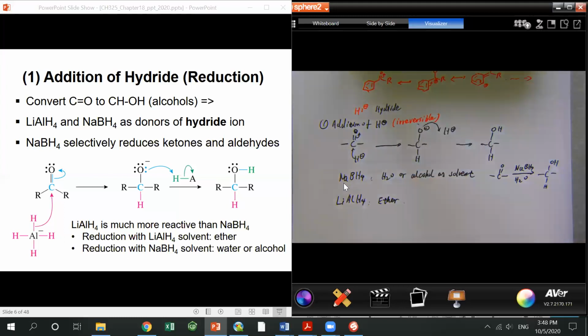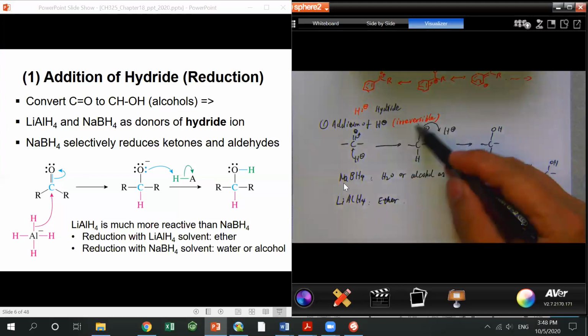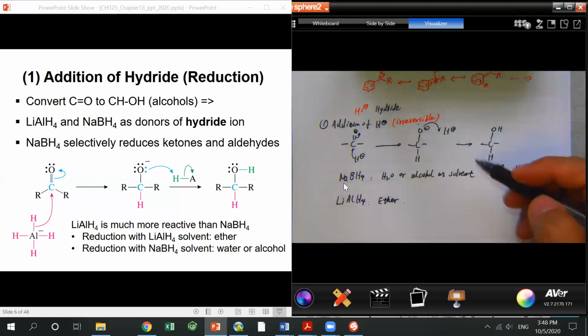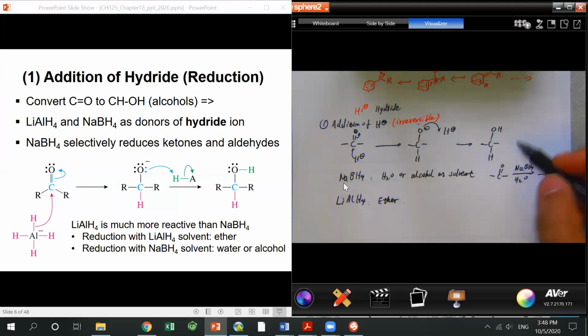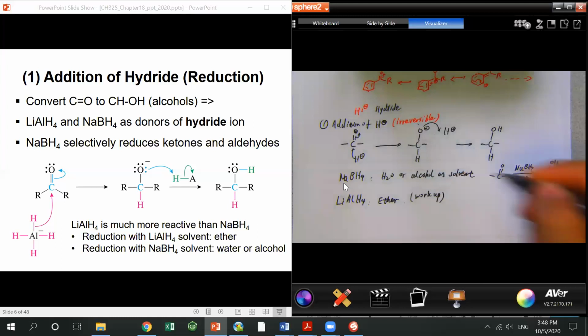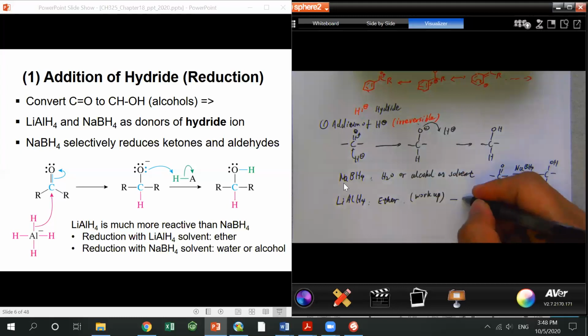After the reaction, this negatively charged oxygen species needs some workup to finish the whole reaction. So when you write the lithium aluminum hydride reduction, normally you do this.